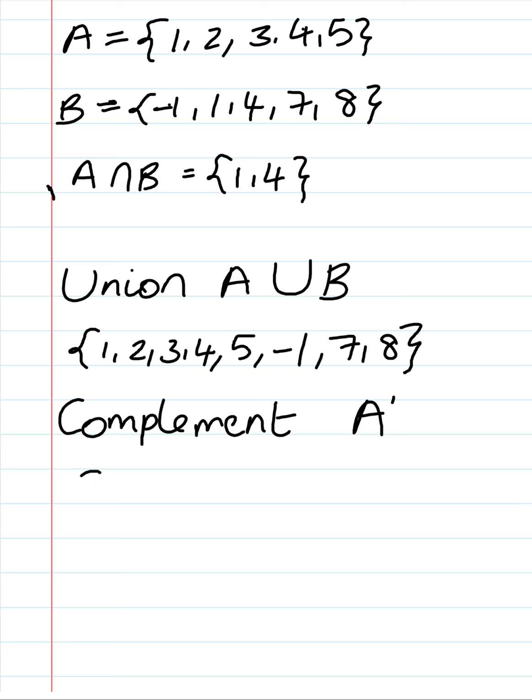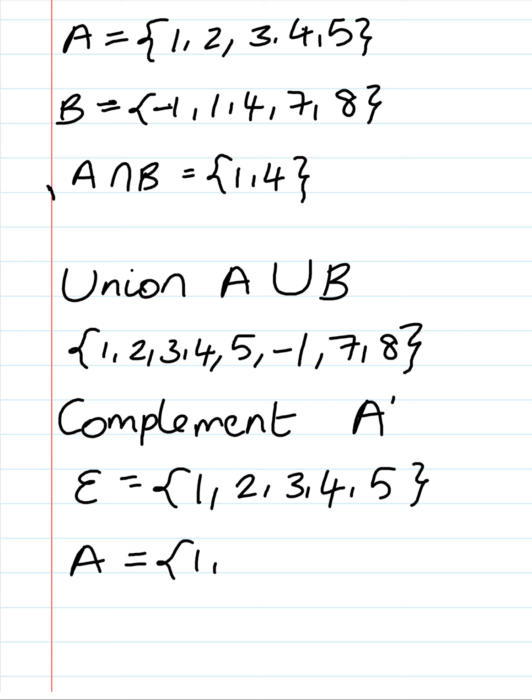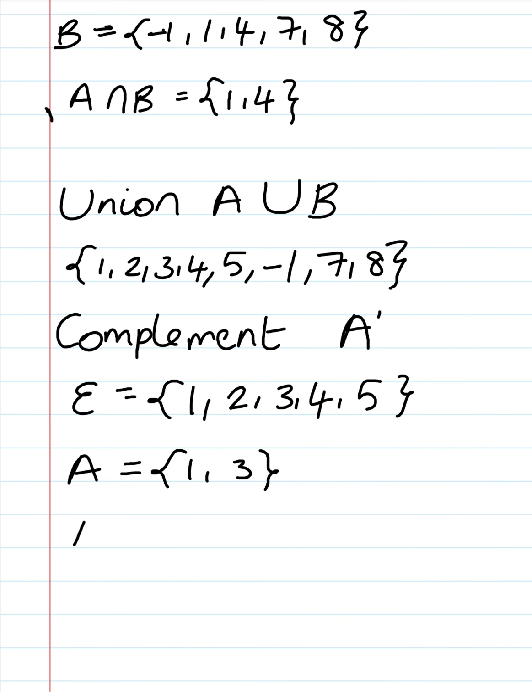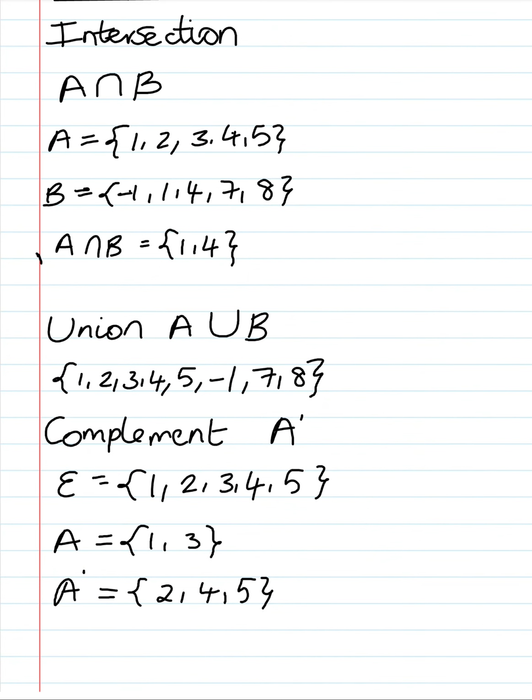For example, if the universal set contained the numbers 1, 2, 3, 4, and 5, and the set A contained the elements 1 and 3, then A complement would be the numbers that are not contained in A but are in the universal set. In this case, 2, 4, and 5. And these are the 3 main operations you need to know about when considering set notation.